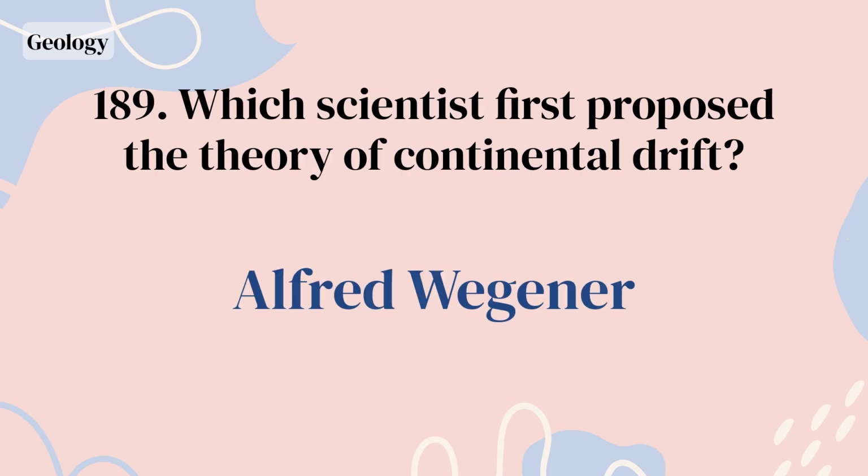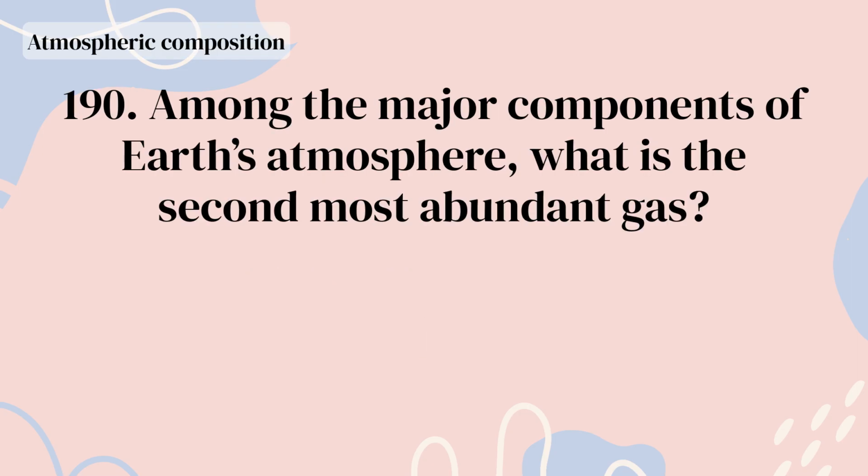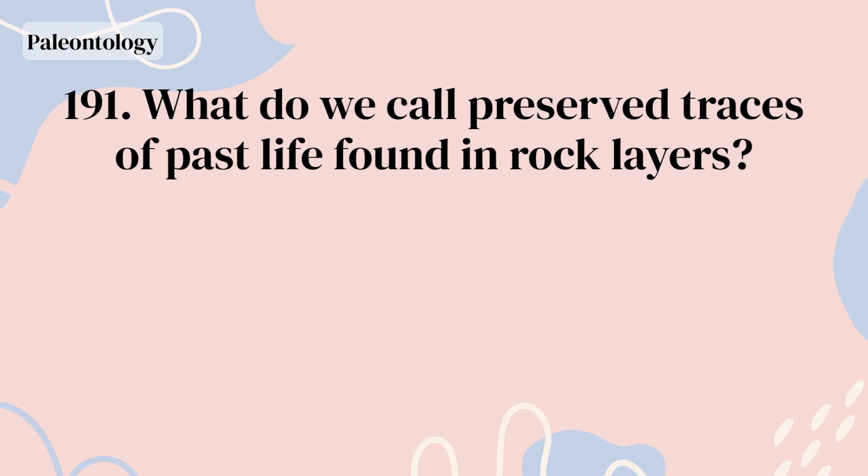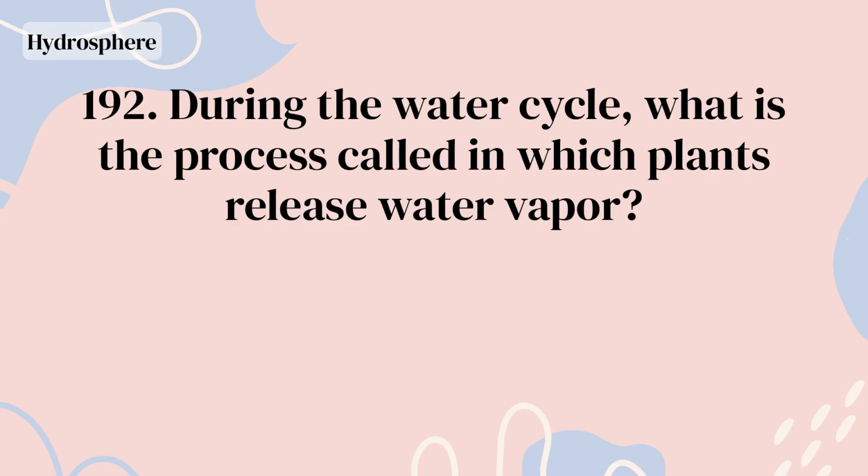Alfred Wegener. Among the major components of Earth's atmosphere, what is the second most abundant gas? Oxygen. What do we call preserved traces of past life found in rock layers? Fossils. During the water cycle, what is the process called in which plants release water vapor?